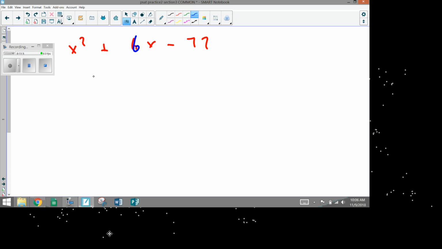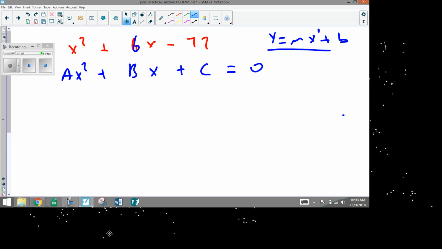Now, this is the standard form, ax squared plus bx plus c. This is the standard form for a parabola. Parabola because the degree is 2. Okay? For example, y is equal to mx plus b. Is that a line or parabola? It's a line because the degree is 1. So this is a line, this is a parabola.